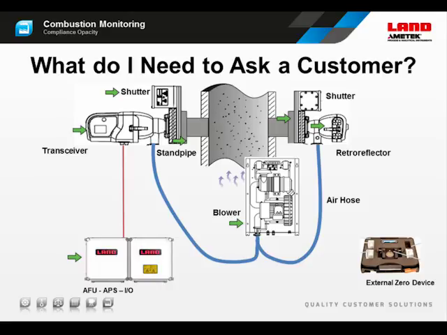And the last item, which is required by the EPA nowadays, is what we call the External Zero Device, or EZD. It's also known as a clear stack simulator, and it can be attached to the instrument to do two things. First of all, it verifies the zero reading of the instrument, which is why it's known as clear stack simulator.